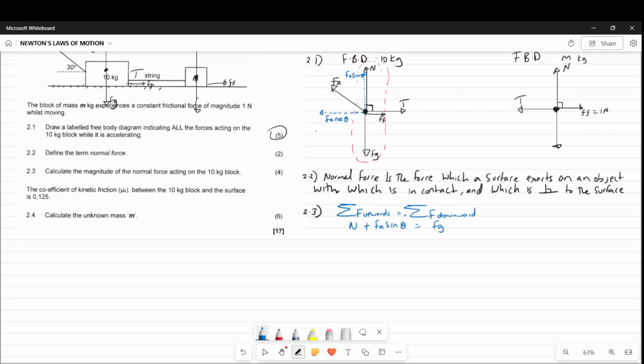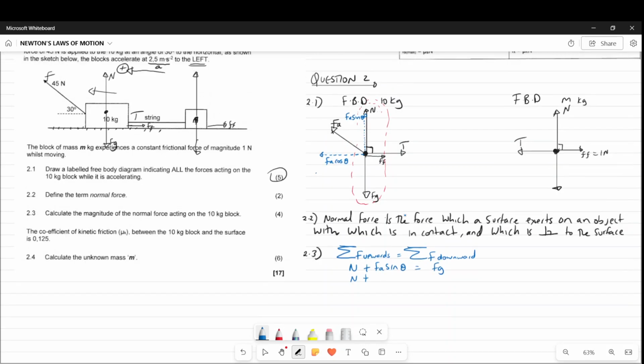And now remember we're looking for normal force. So normal force plus Fa, which is 45, sine, and the angle theta over here is 30, is equal to Fg, and we know Fg is equal to mg.